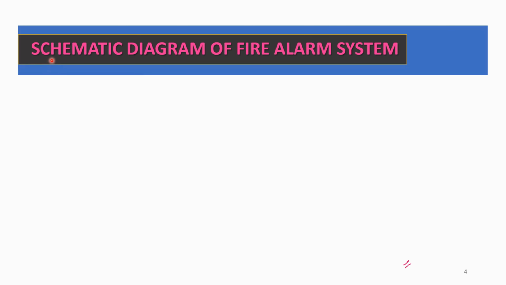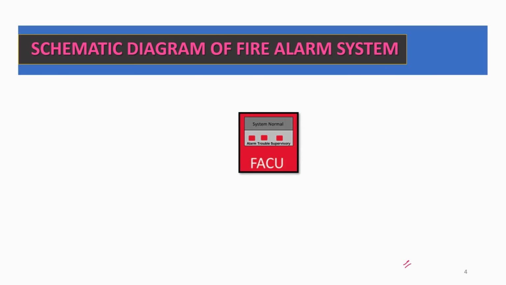In this particular slide, I am going to show you the schematic diagram of fire alarm system. Basically, we will have a fire alarm control unit. In the initial stage, the system will be under normal condition without any troubles or alarms. Without the fire alarm control unit, we cannot imagine the fire alarm system.